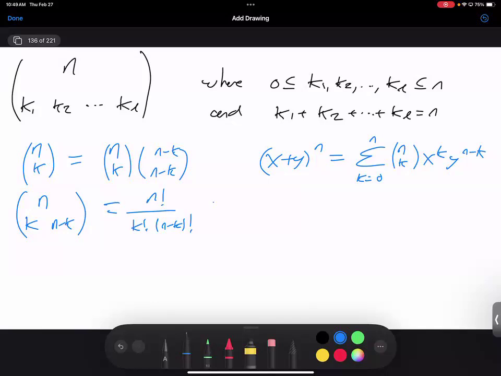Oh, that's just the binomial coefficient n choose k. So it reduces, or you could say it recovers. Either one of them is fine. So really, if I look at the multinomial coefficient with just two items, I'm just regaining the binomial coefficient.